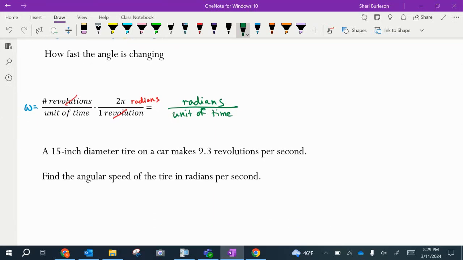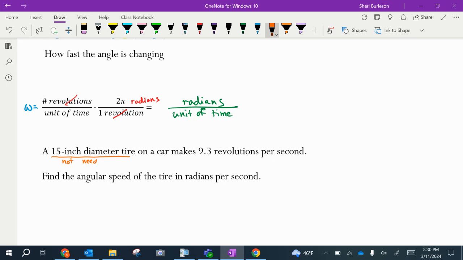I have a tire that has a 15-inch diameter on a car, and this tire is making 9.3 revolutions every second. If you look up at my omega, my angular velocity calculation, the linear measure is not needed. We don't need this information.